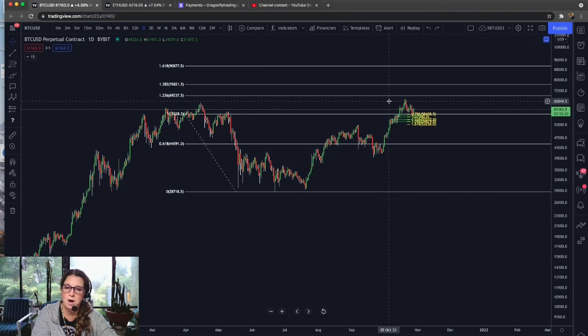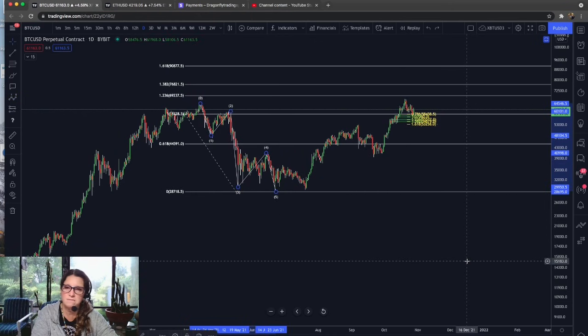Because we broke the high. Because we broke the high, this being a five-wave move, this being a three-wave, and getting 5 more to the downside is invalid once we broke this high, because a B wave is not allowed to surpass the A wave of a zigzag. So we can take that one right off the table.